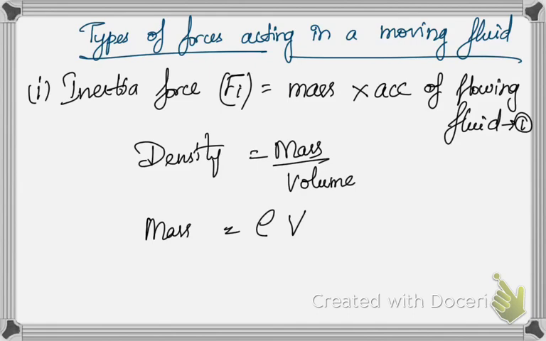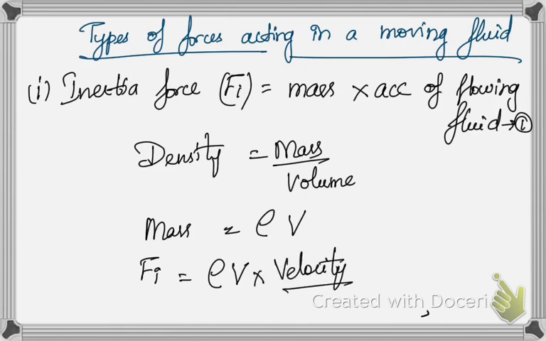So inertia force we denote by Fi. Fi is nothing but, instead of mass, I can write rho into V. What is acceleration? Acceleration is nothing but velocity by time taken. So I am going to rearrange this equation.